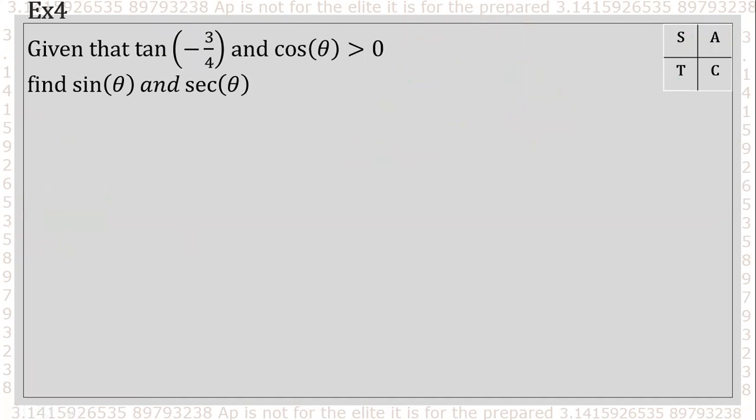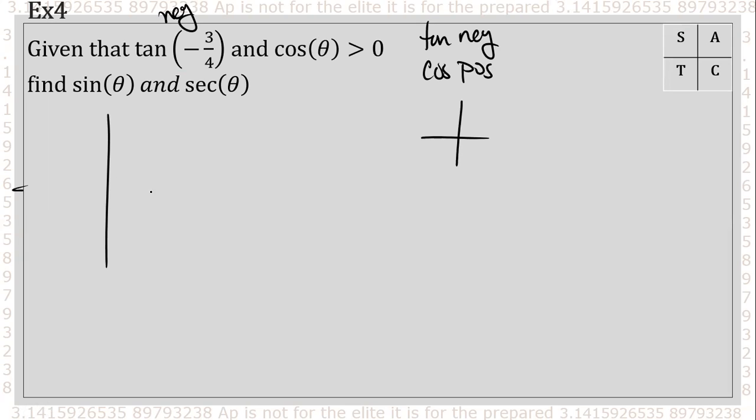All right, I have one more example for us, so let's give this one a try. My tangent of theta is negative because that fraction is negative, and my cosine is positive. Let's figure out where those two exist. Let me draw my shape.